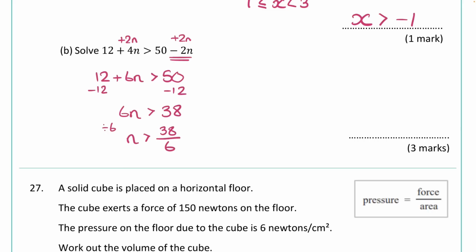Now at this point, you might feel like you've done something wrong. But if you're confident that you've done your equation correctly here, that's absolutely fine for an answer to come out like that. Now we can actually just leave the answer as that fraction. It doesn't say anywhere here that anything needs to be written in its simplest form or anything like that. You could, of course, simplify this. We could divide them both by 2. 38 divided by 2 is 19.